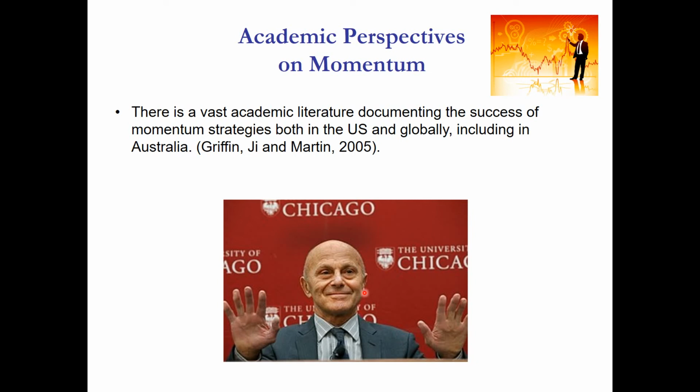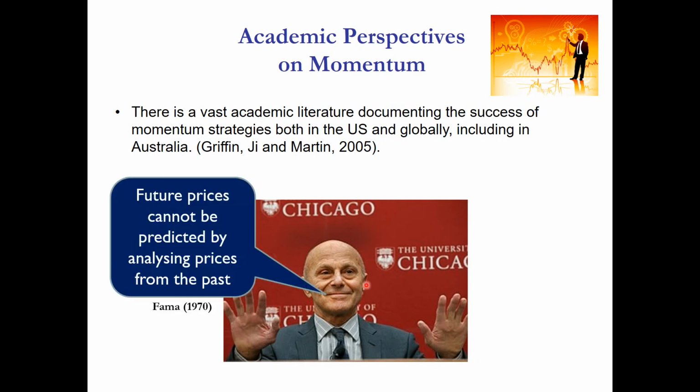So if there is anyone who should be arguing that momentum strategy doesn't work, one would believe that Fama would be that person. Consistent with that, back in the 1970s, when the efficient market hypothesis was first developed, Fama was quoted as saying the future prices cannot be predicted by analyzing prices from the past. So a very definitive statement, which basically suggests momentum should not work.